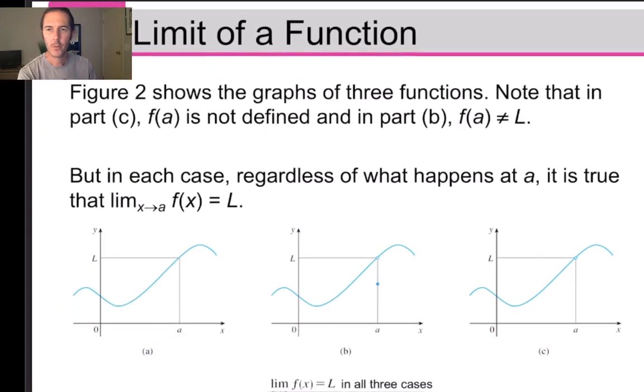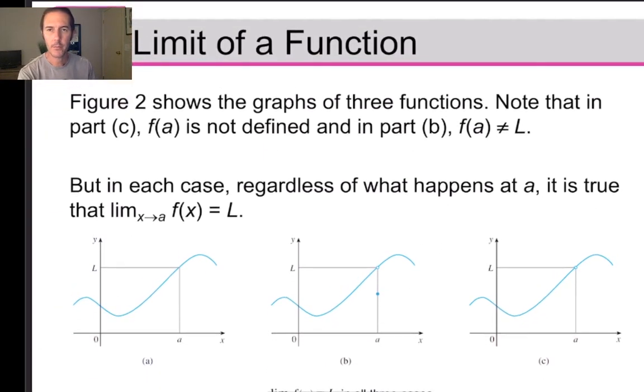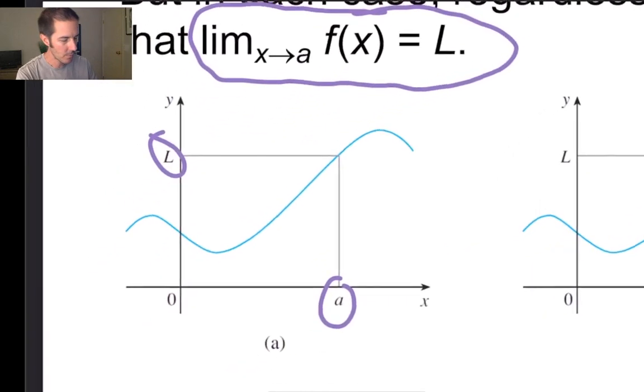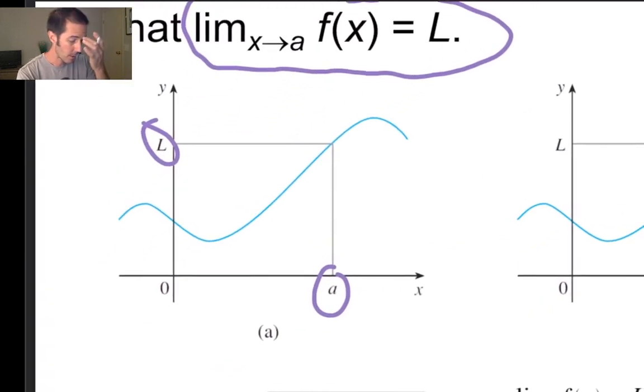So here are three really nice graphs for us to look at. And you can see that we have an L value on the y-axis, we have an A value on the x-axis. I point those out because those two values are inside of this limit statement. They're a component. Let's zoom in and look at this first illustration. This is a smooth, continuous curve.